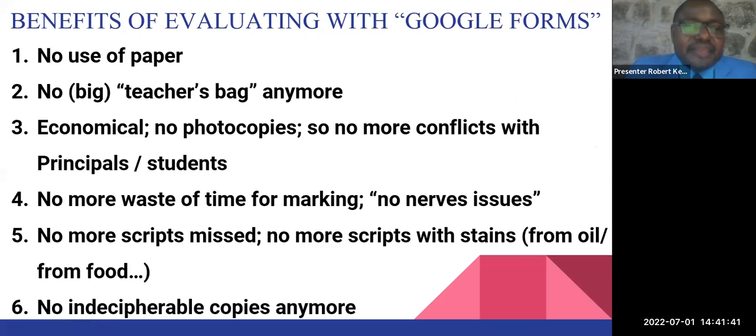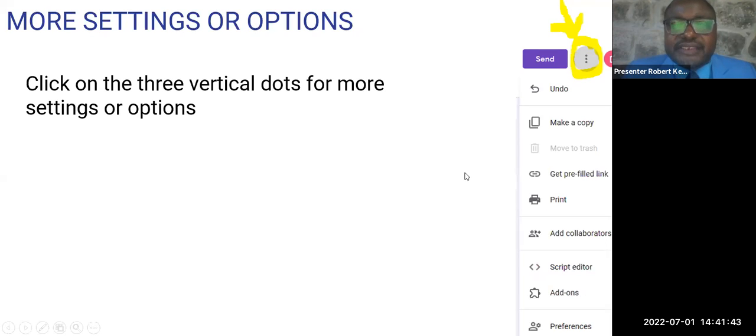So I think at this level, what I'd like us to do is move to the Google Form page proper, and there we are going to see how we can actually set our test. While I stop sharing the screen to move to the next phase, which is the practical one, I'd like you to type your questions in the chat box if you have any, and I can take at least one before we continue.